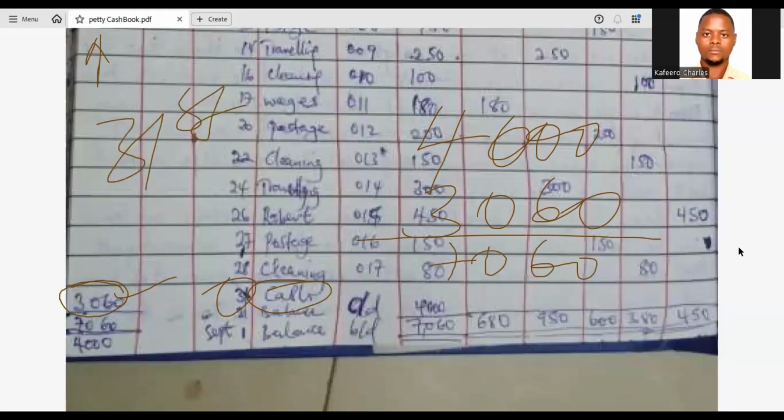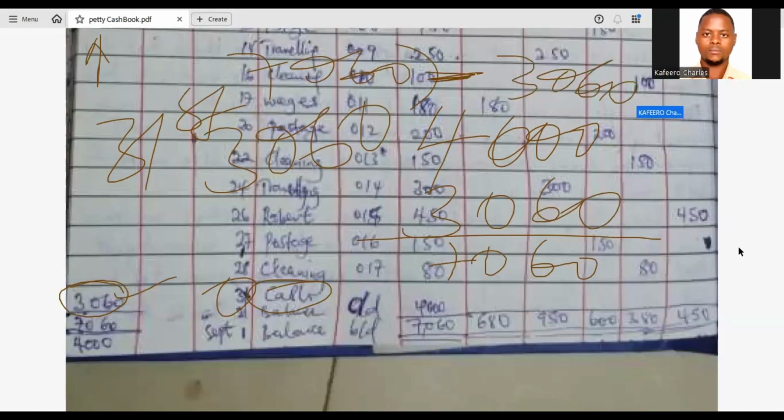But remember, we have so far spent 3060. So it will be the 7060 minus the 3060. And that will give you a 4,000. So it means at the start of September 1st, we shall have 4,000, which is the same cash float that we are supposed to be with.